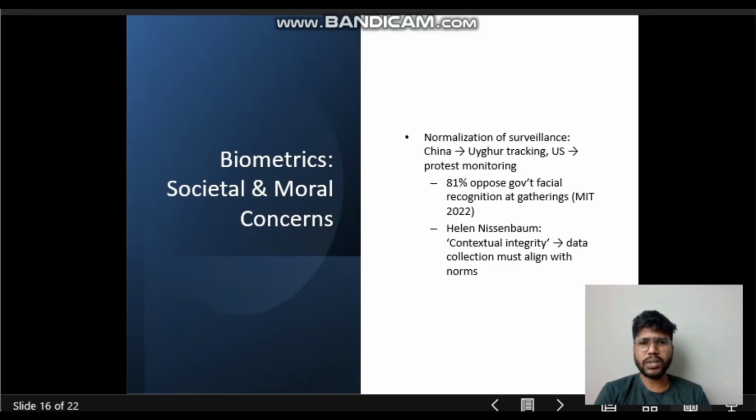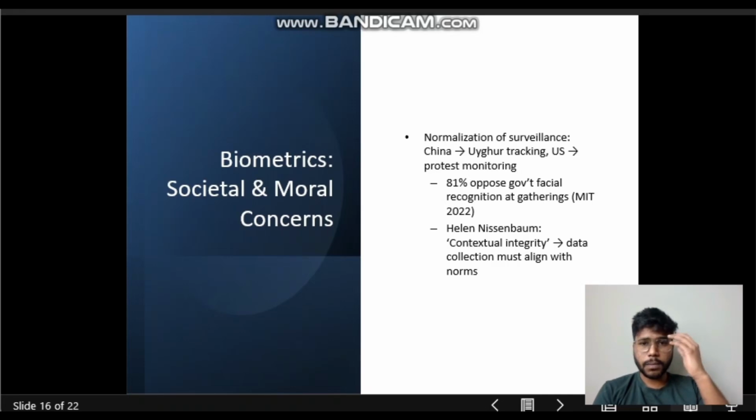Back in 2022, I think, in the United States, some police departments employed real-time facial recognition to monitor protests, which raises First Amendment concerns about chilling free speech. Also in 2022, an MIT study found that 81% of Americans oppose government facial recognition at public gatherings, fearing undue surveillance. Once normalized, it's hard to roll back these practices.